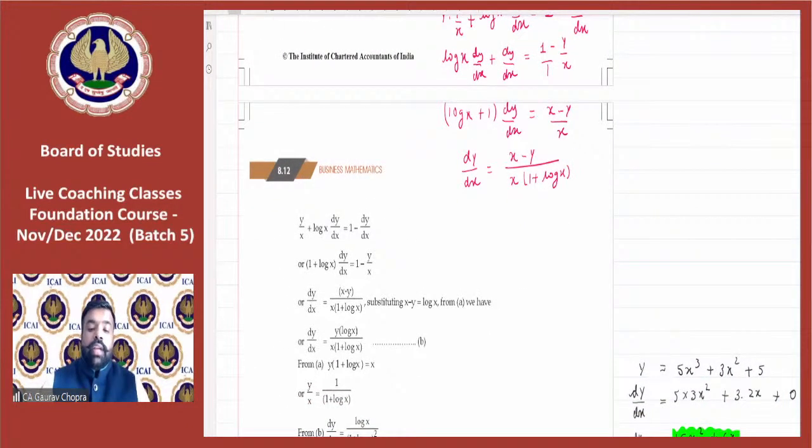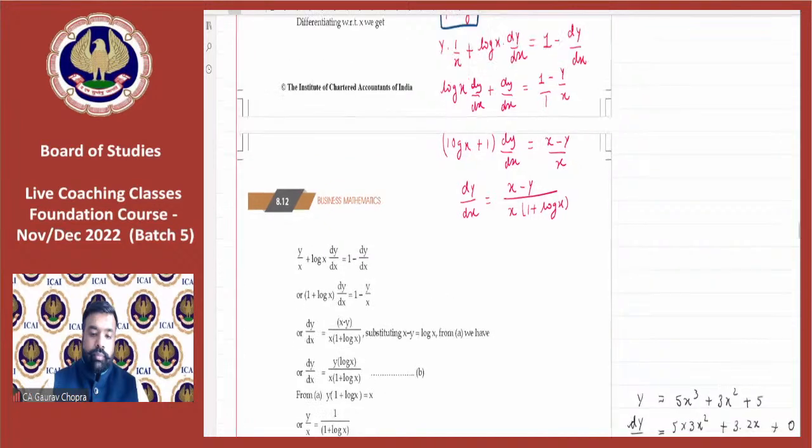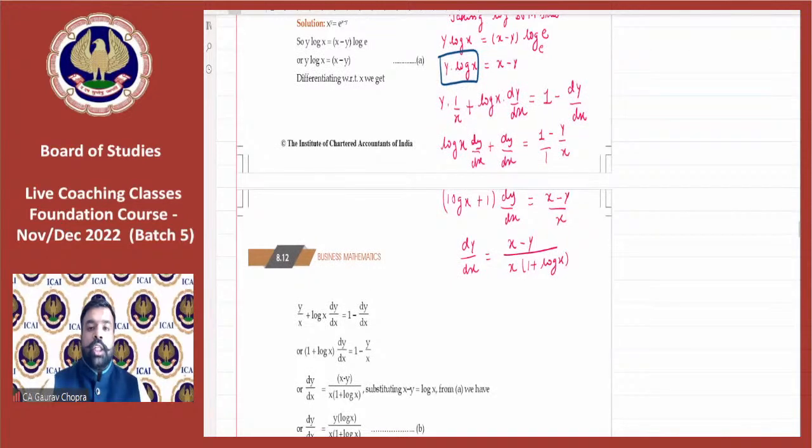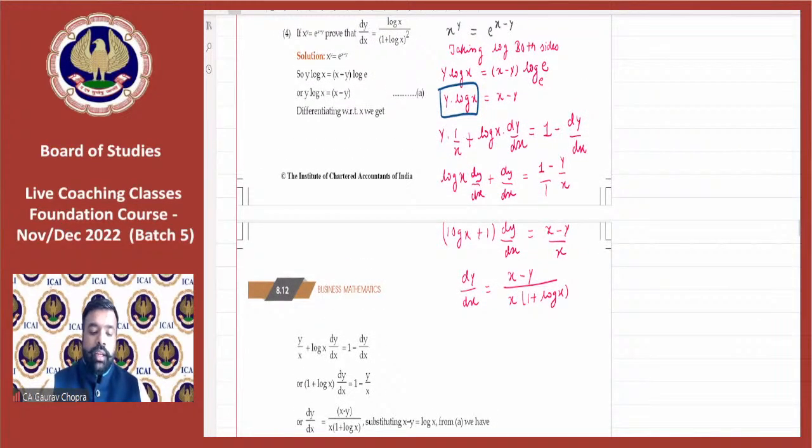Now, if we have to bring it into another form, then we can substitute some of the values. We can substitute x minus y is equal to y log x. From here, we can see that y log x is equal to x minus y.